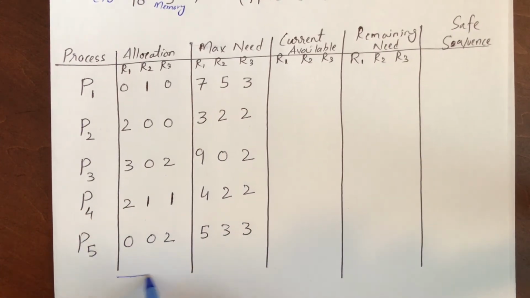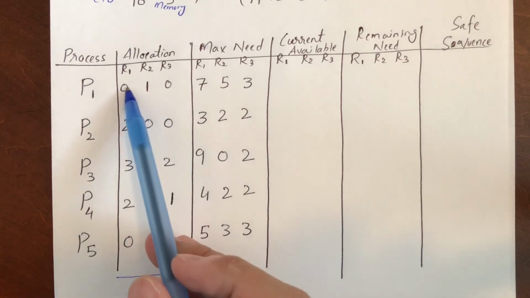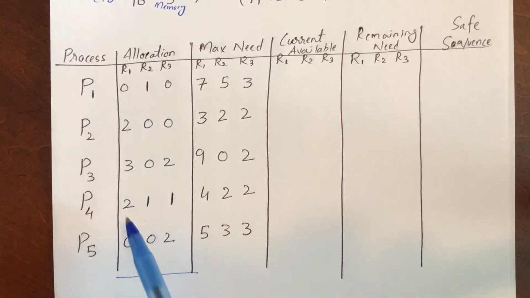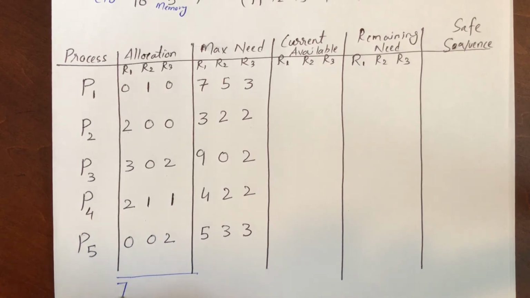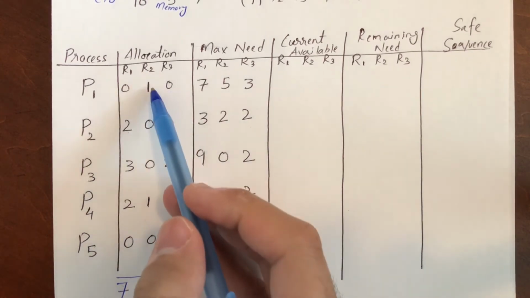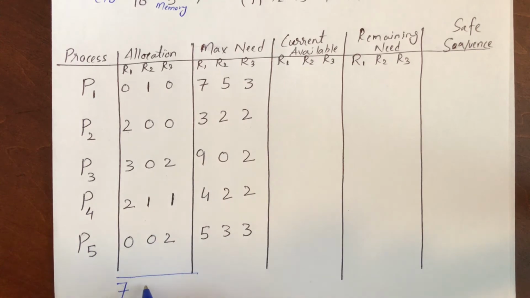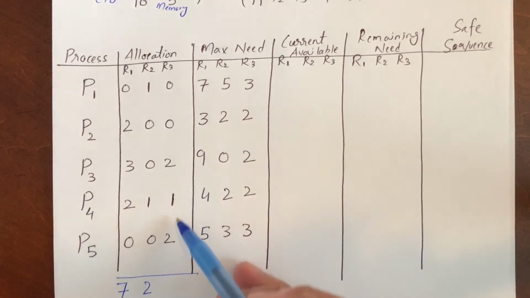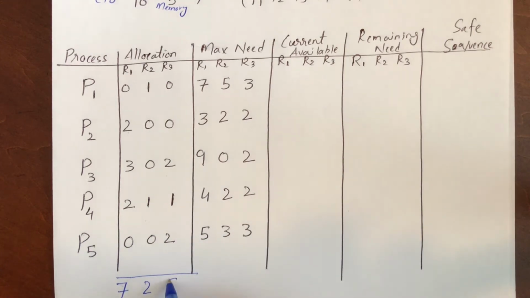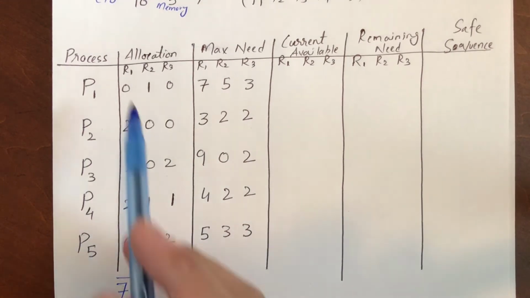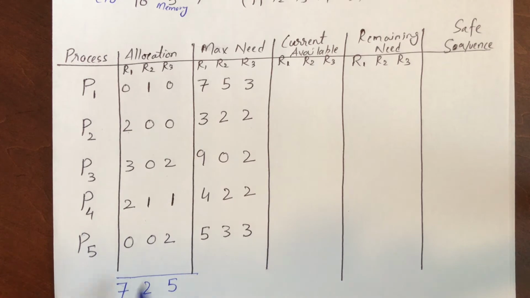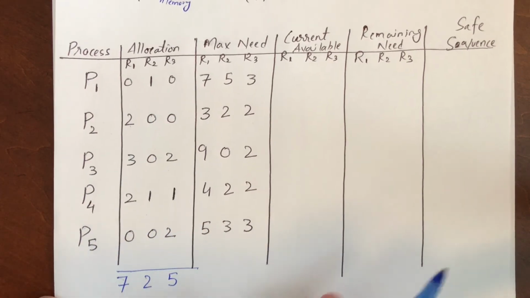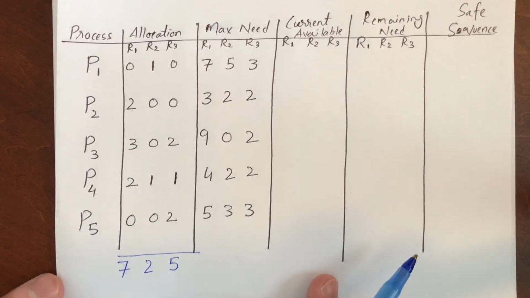For R1: 2, 3, and 2, so 7 instances of R1 have been allocated. For R2: 1, 2, so 2 instances of R2 have been allocated. For R3: 2, 3, so 5 instances of R3 have been allocated.